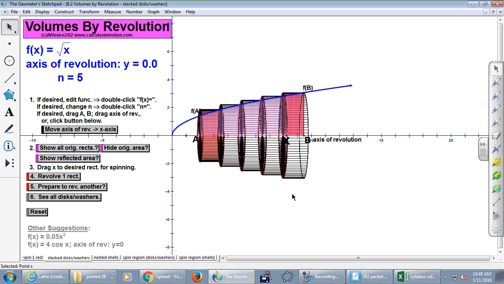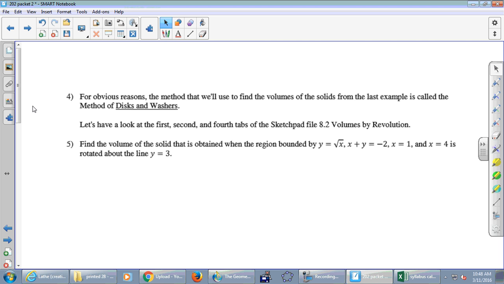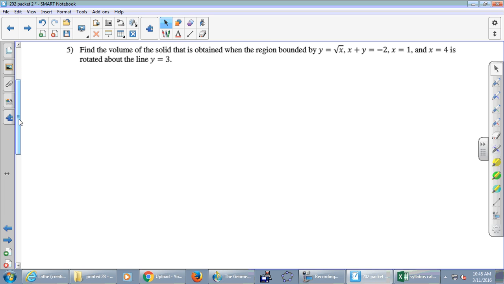Those things are a little bit higher. The rectangle's a little bit higher than the curve. So how do I get a better approximation? More of them, right? Make those disks thinner and have more of them. And it's very easy to have the computer or the calculator just give us as many as we feel like we need. So that's the idea of the method of disks. Washers is the same idea. So let's come here and do this crazy complicated example in 5.